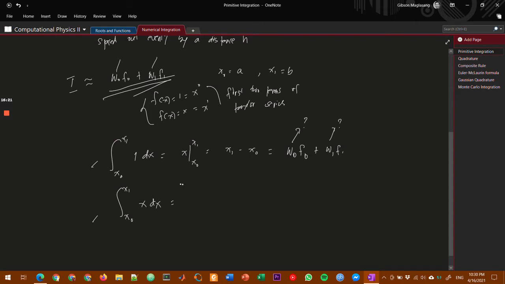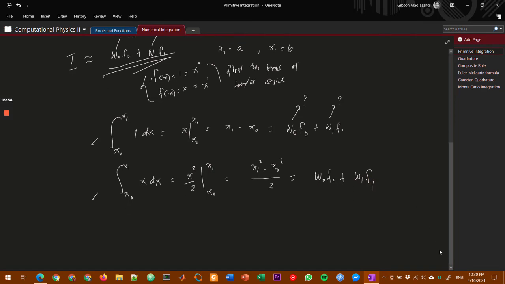If you integrate this, you get x squared over 2 evaluated from x naught to x1. So this would be x1 squared over 2 minus, let's simplify, x naught squared over 2. So we have x1 squared minus x naught squared over 2, and this is equal to w naught f naught plus w1 f1.